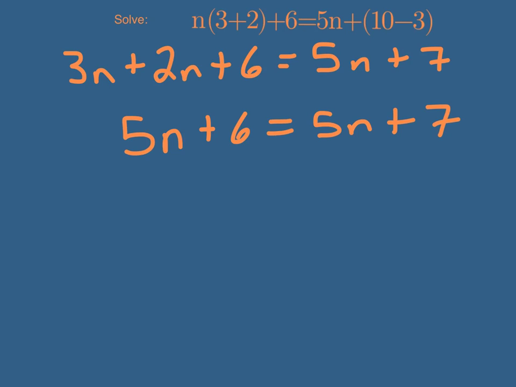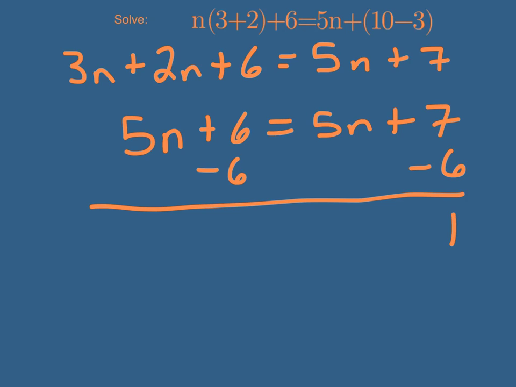But let's say that I didn't realize that when I got to this point, and I kept working my equation. Well, I could do that. I'm trying to get my n by itself. So I could minus the 6 on this side, minus the 6 on this side, and get 1. These cancel out. Okay? And then I'm going to bring down my 5n.